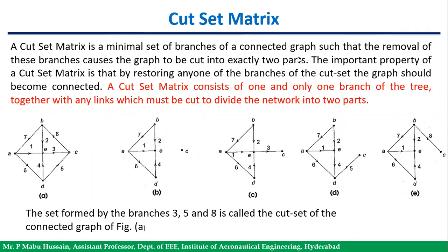G3, G4 absent, G5, G6, G7, G8, G9 absent. H1, H2, H3, H4 are absent, H5, H6 okay, H7 absent, H8, H9 absent.